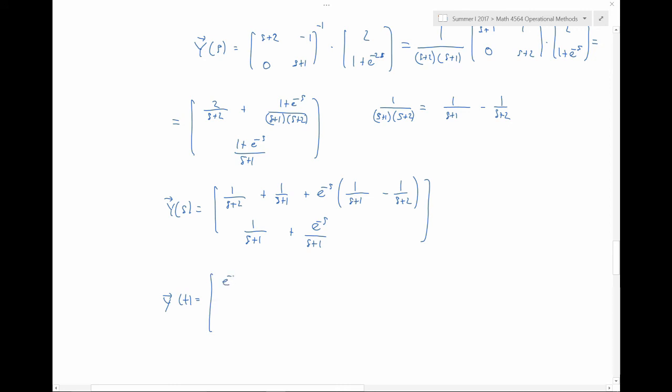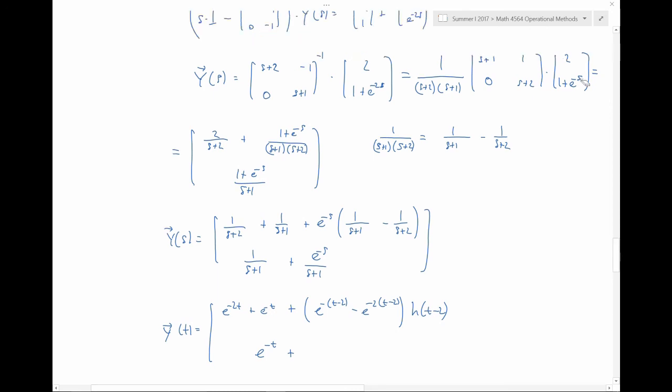We get e to the minus 2t, we get e to the minus t, and we also get e to the minus t minus 2 minus e to the minus 2 times t minus 2 shifted by 2 units. For the bottom terms we have e to the minus t plus e to the minus t shifted by 2 units. I apologize, again I skipped out the 2 in my exponential terms.